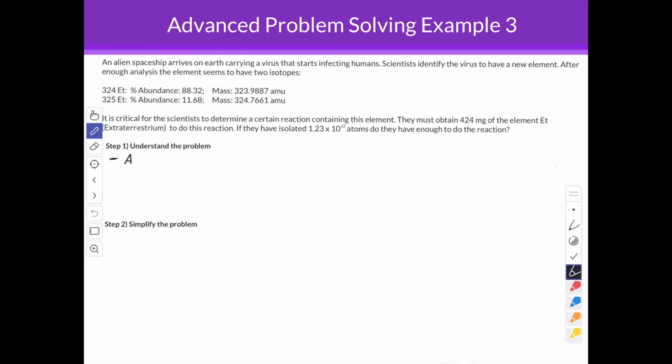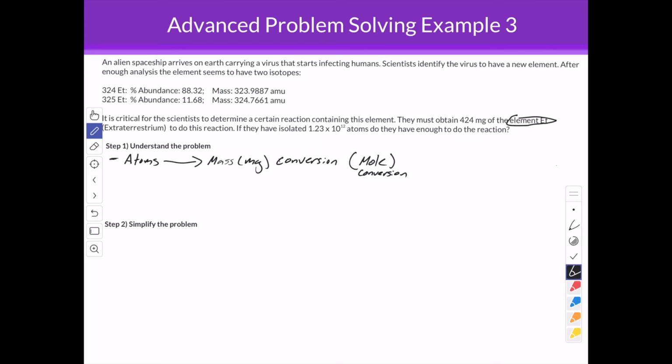I need to do an atoms to mass in milligrams conversion. So those are my mole conversions, right? And that's using the element extraterrestrium.